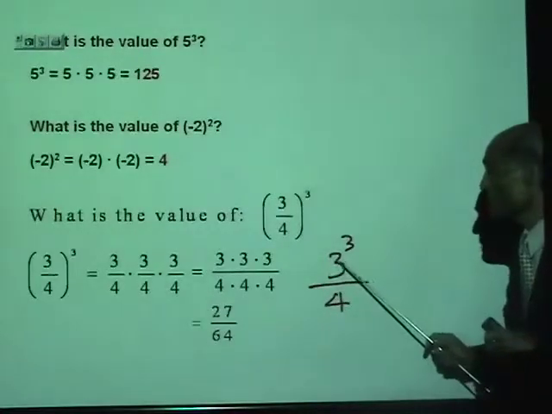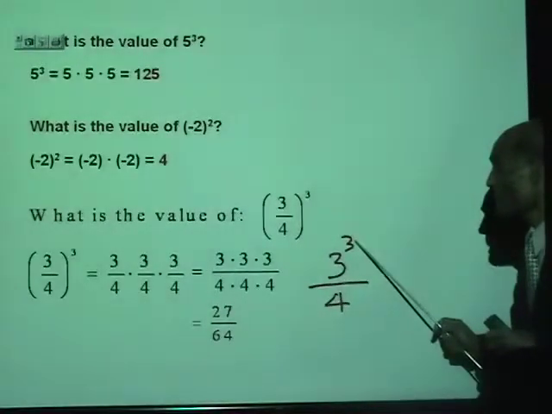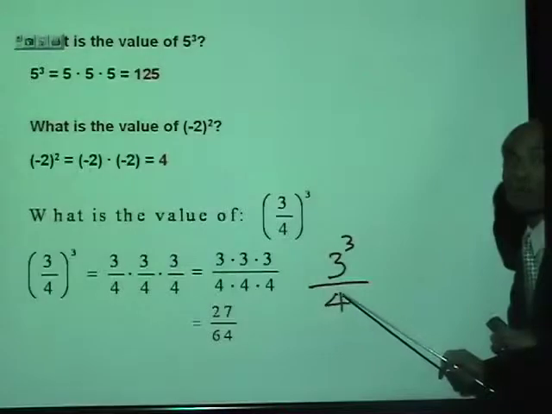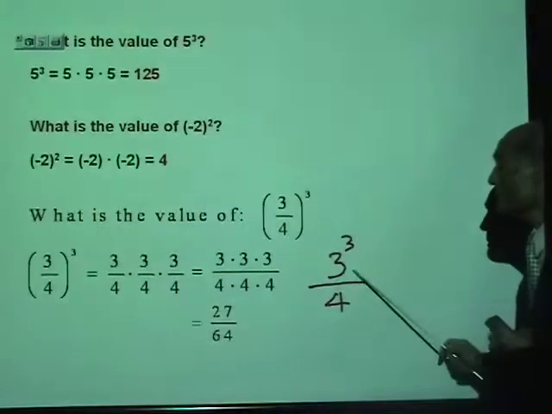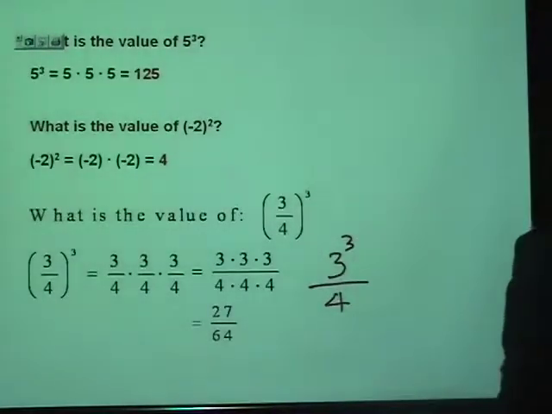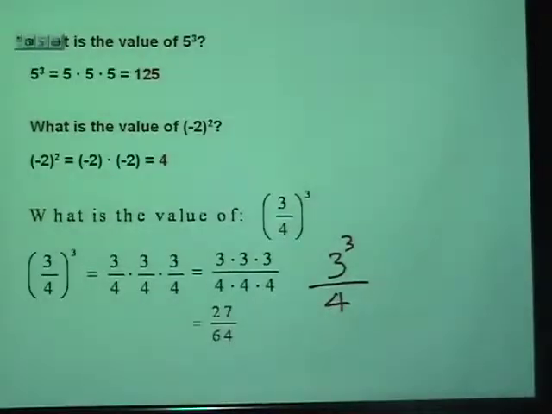Alright, what will this be? 3 to the power of 3 divided by 4. Now here, only the 3 is raised to the power of 3. So what will that be? That will be 3 times 3 times 3 on the numerator, and the denominator will be 4, and that will be 27 over 4.